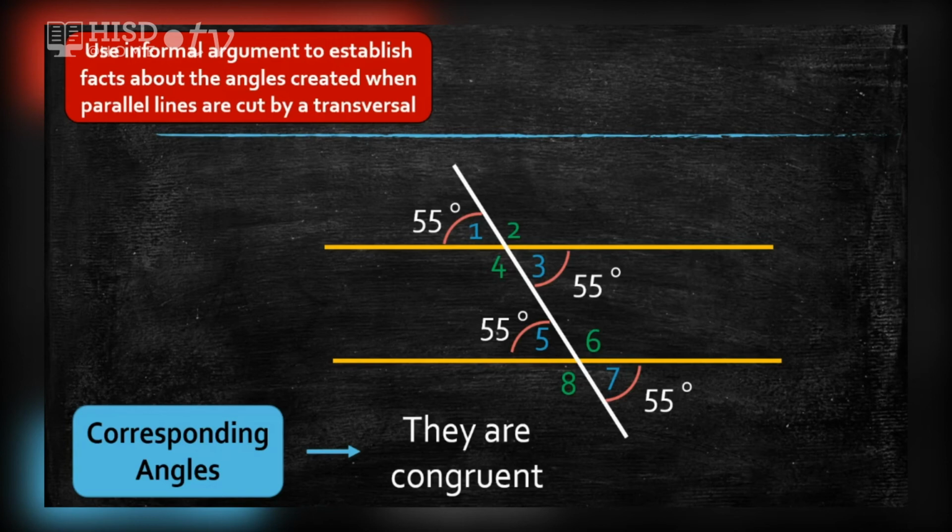So we can say that angle number 1 is congruent to angle number 5, angle number 3 congruent to angle number 7, angle number 2 will be congruent with angle number 6, and angle 4 and angle 8 are also going to be congruent because they are corresponding angles.